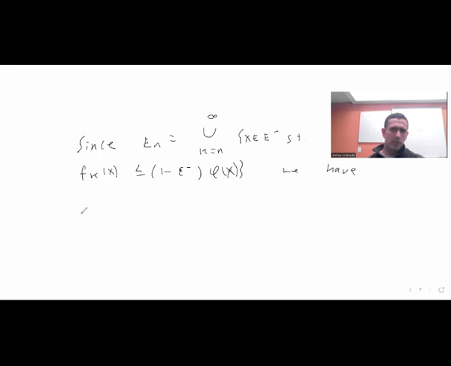So take the complement in E prime. This is going to be the intersection. So it's the intersection of these complements. So if it's not less than or equal to, it is bigger than. As simple as that.